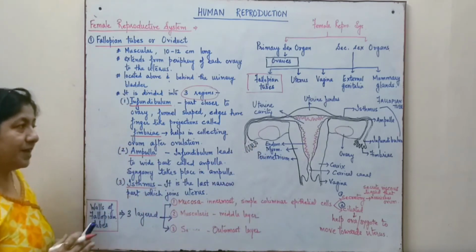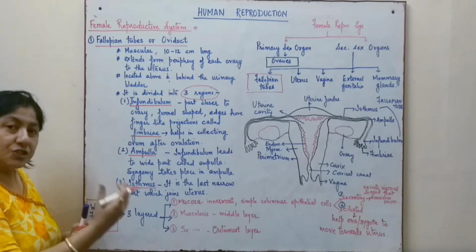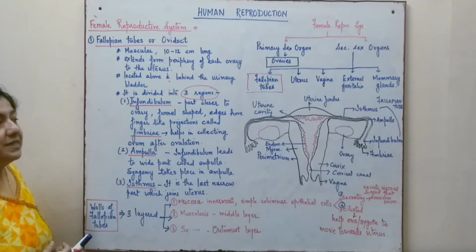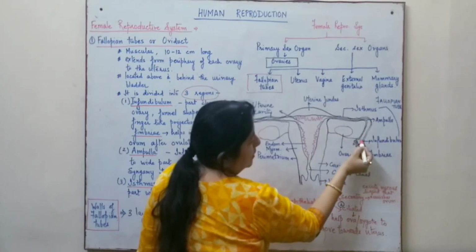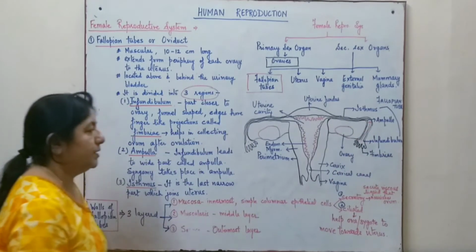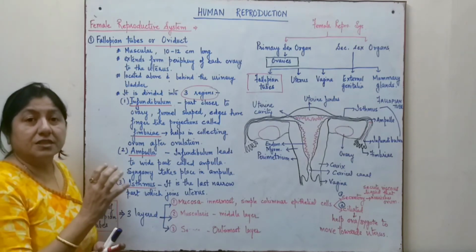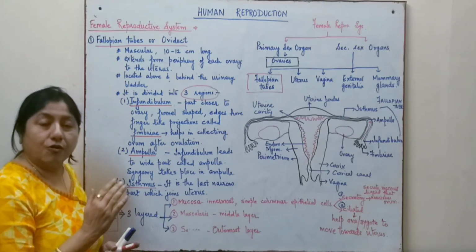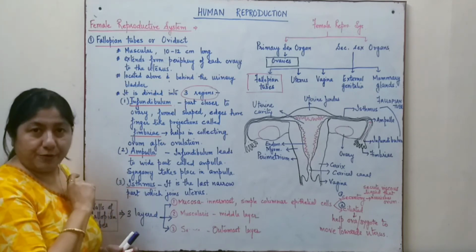Now, the second part, which is next to the infundibulum, is the ampulla. The ampulla is a slightly wider area. The infundibulum leads to the ampulla, which is wide over here. The process of syngamy, or fertilization, takes place in the ampulla region.